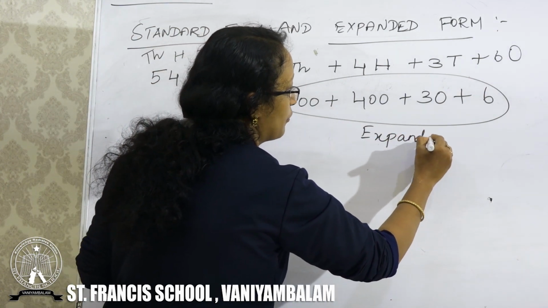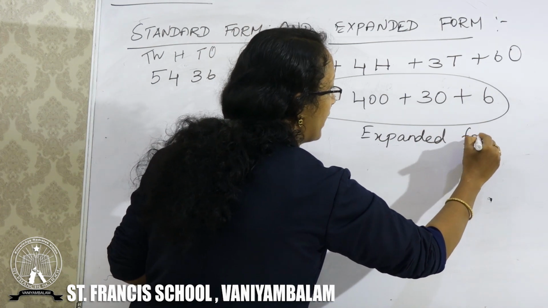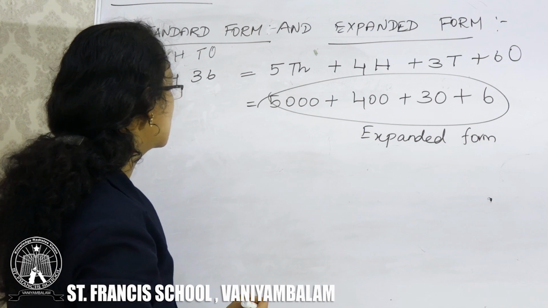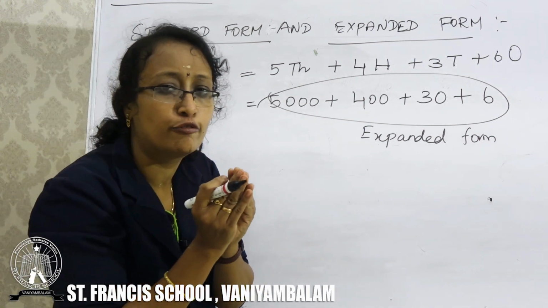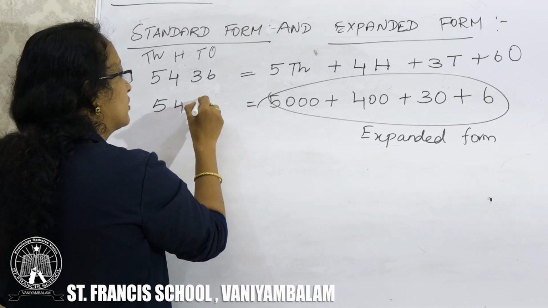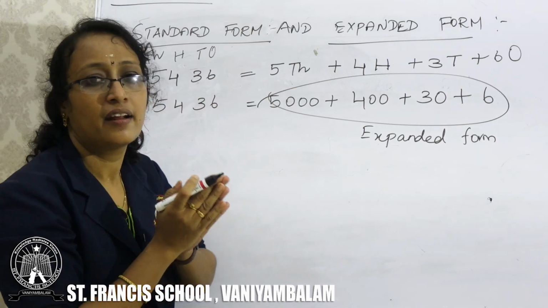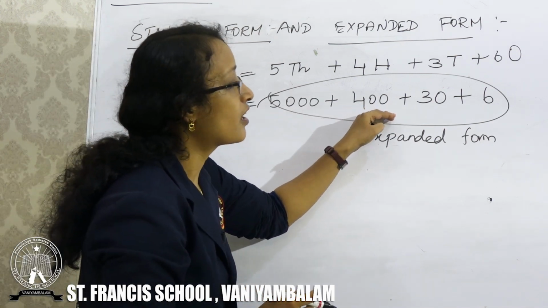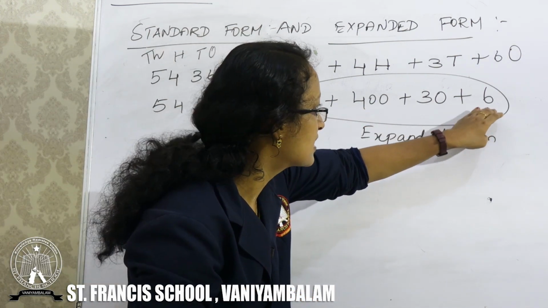Expanded means I am going to expand it briefly. Got it? This is standard form, short form. This is expanded form. This 5436 can be written as 5,000 plus 400 plus 30 plus 6.